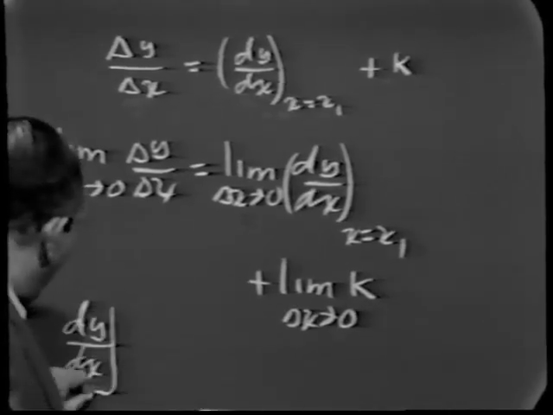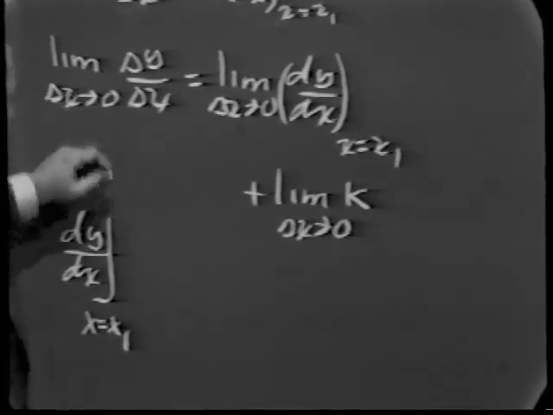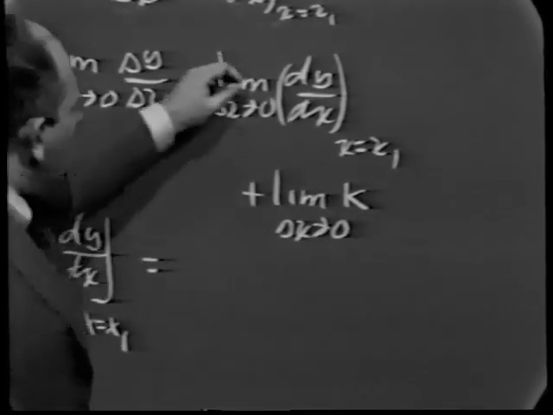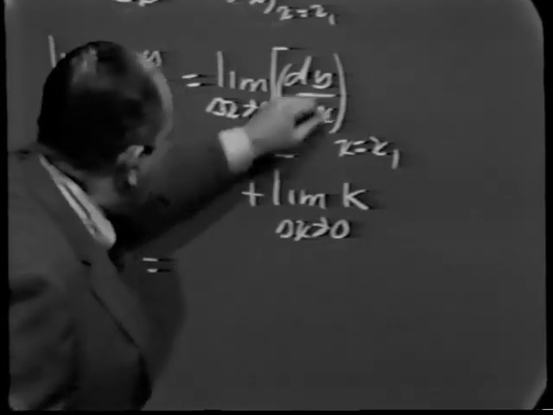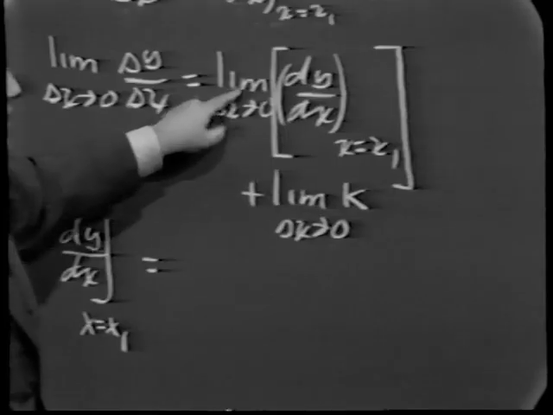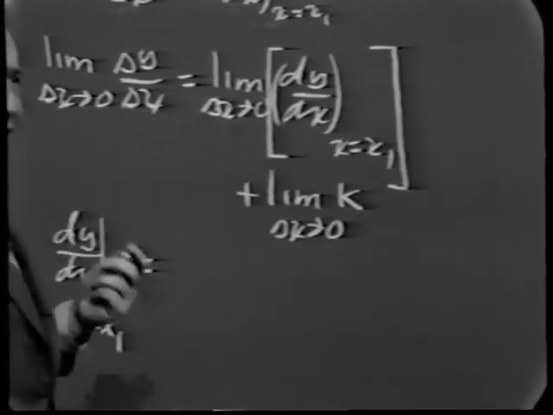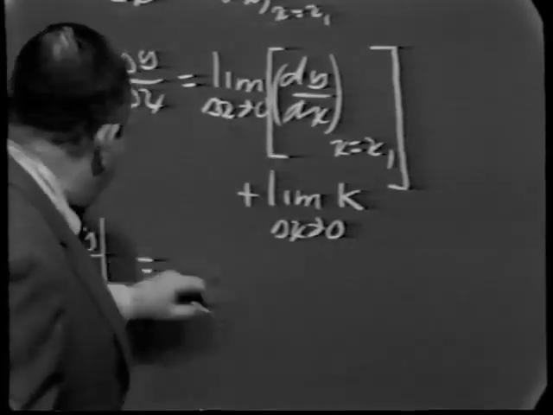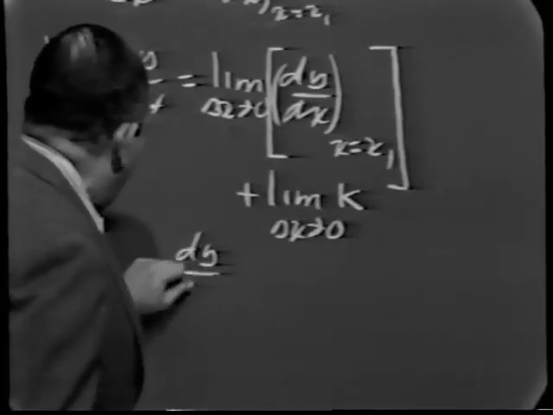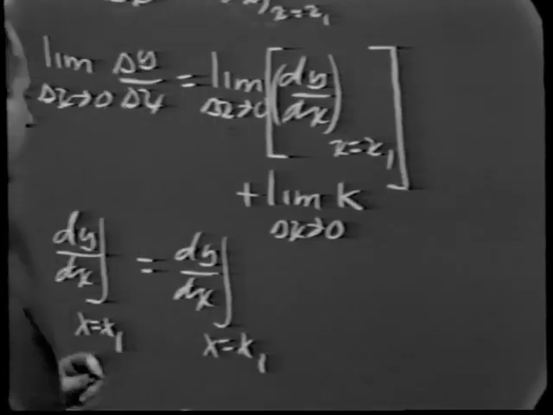And keep in mind, we've evaluated this at x equals x1. That's the point at which we're starting. Now, the fact that this is a constant, and we've already learned that the limit of a constant as delta x approaches 0 is that constant, this term here is also dy/dx evaluated at x equals x1.